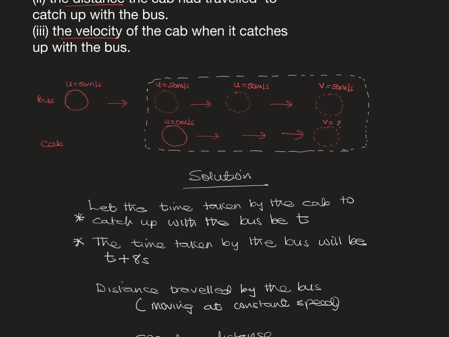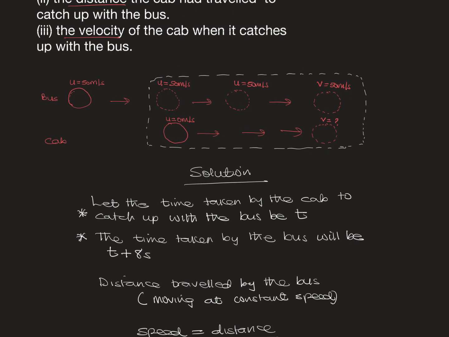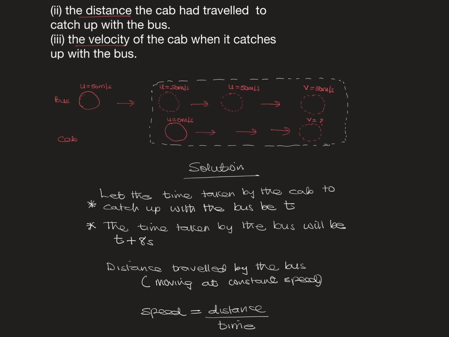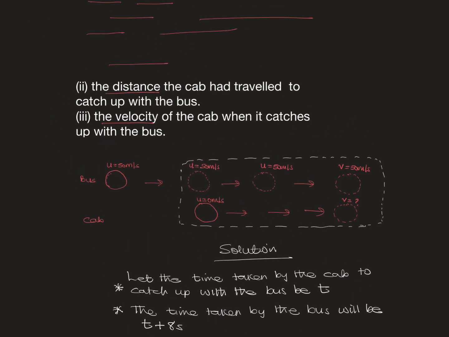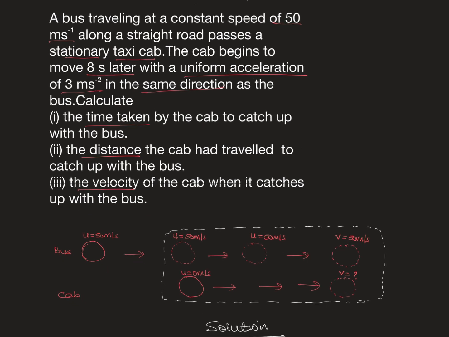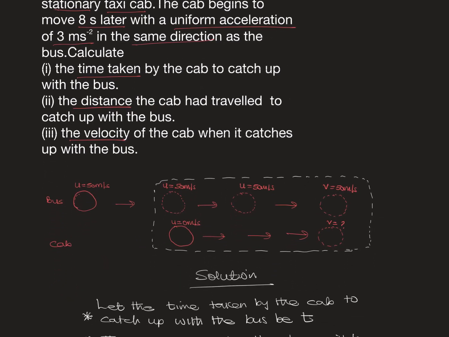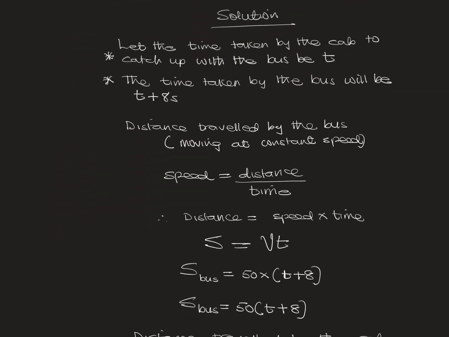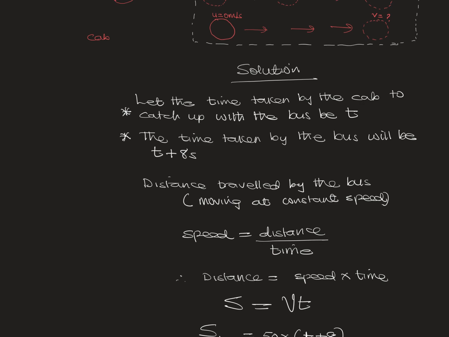So it will take 40 seconds before the cab can come to the same position as the bus after it starts accelerating. So we can now move on to answer question 2. All this was for the solution of question 1.